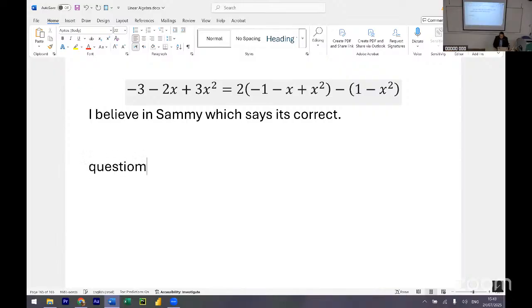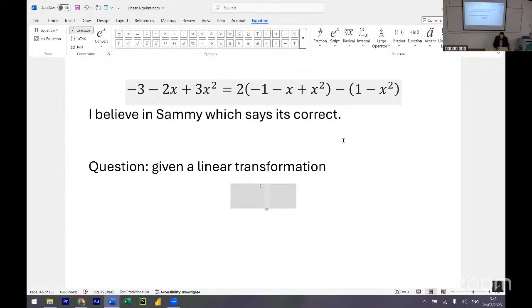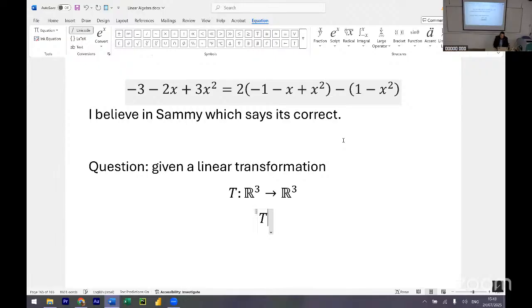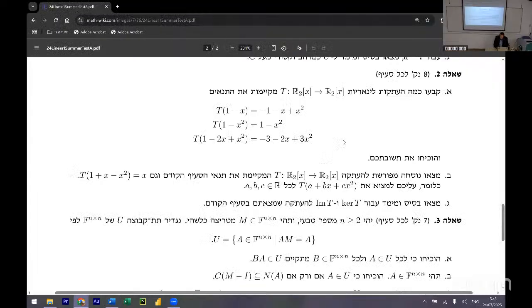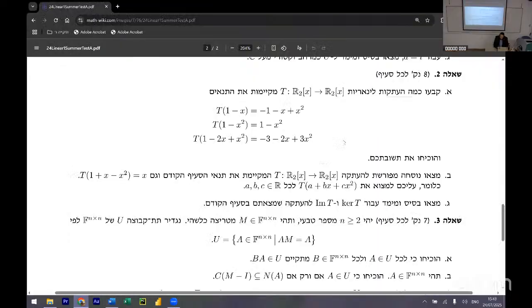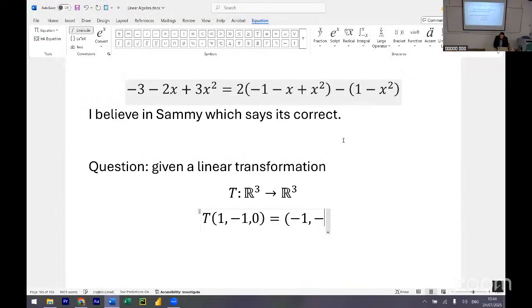Another question, I will call it: given a linear transformation T from, and let's also do it with R3 and not polynomials to lessen the confusion. So the data is as such. 1, minus 1, 0 is sent to minus 1, minus 1, 1.